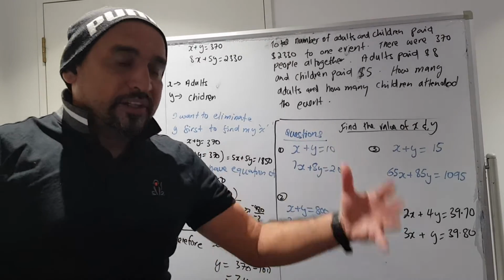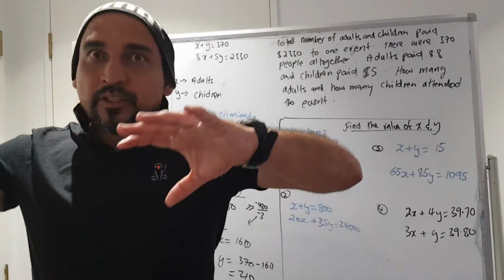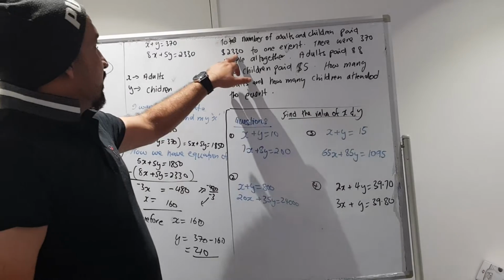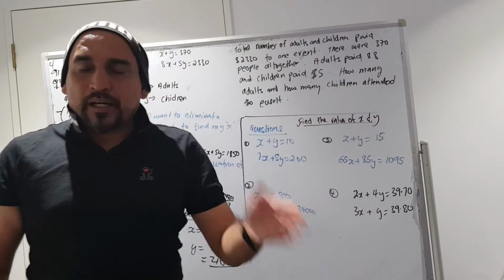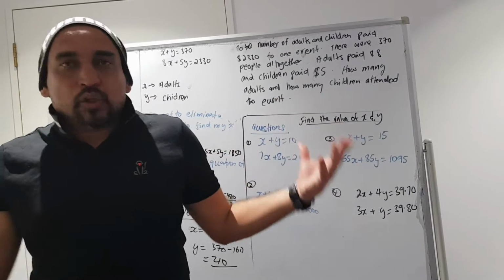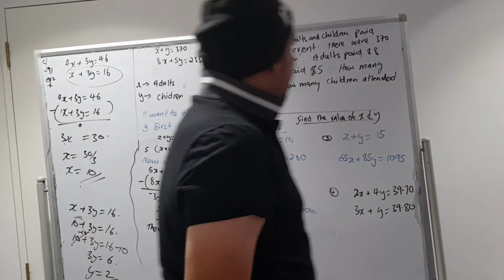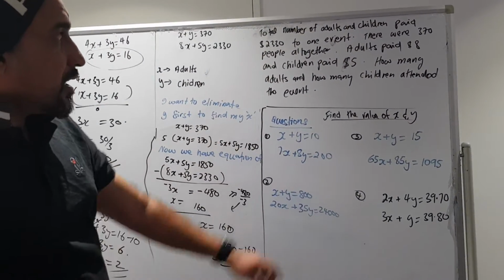The total these adults and children paid was 2,330. And how many were there in total? The total number was 370. That means 370 were present there, and altogether they paid 2,330.